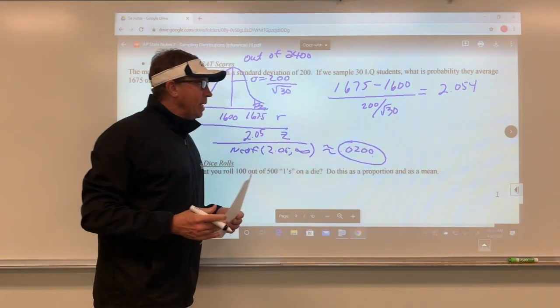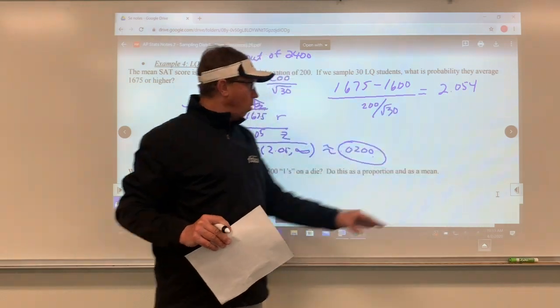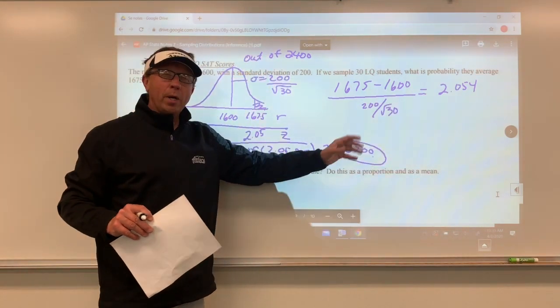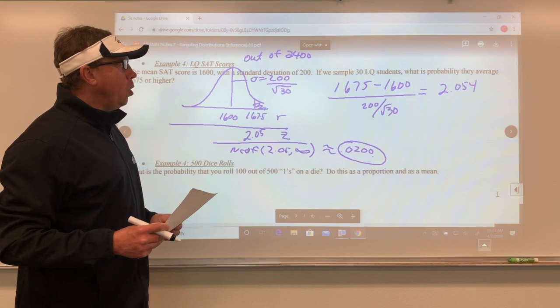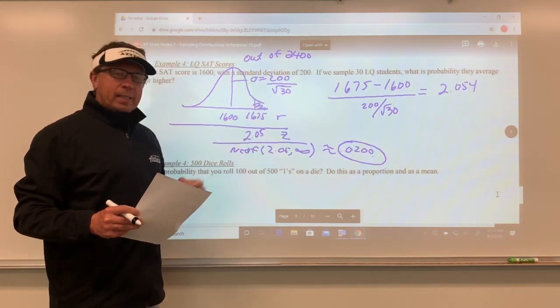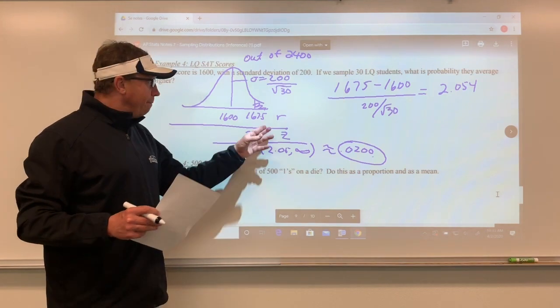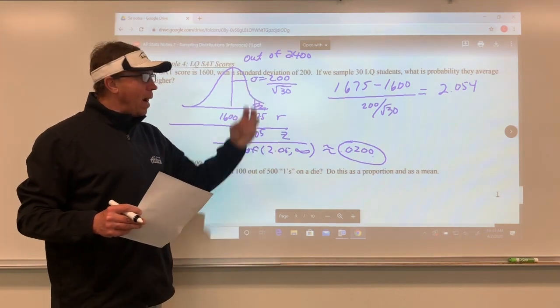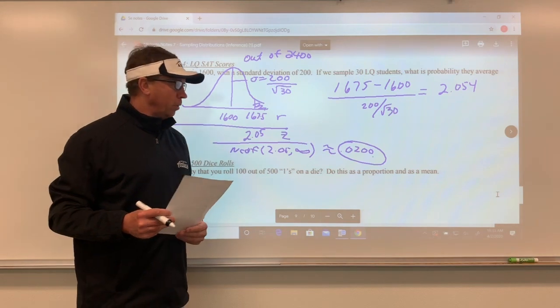It might be slightly different if you used a different z-score or rounded differently somewhere, but around 0.02. So there's only about a 2% chance that we would get a sample of 30 that average 1675 or higher. Now, an individual can get out there, but it's hard to get a random sample of 30 out there. It's very difficult to do.